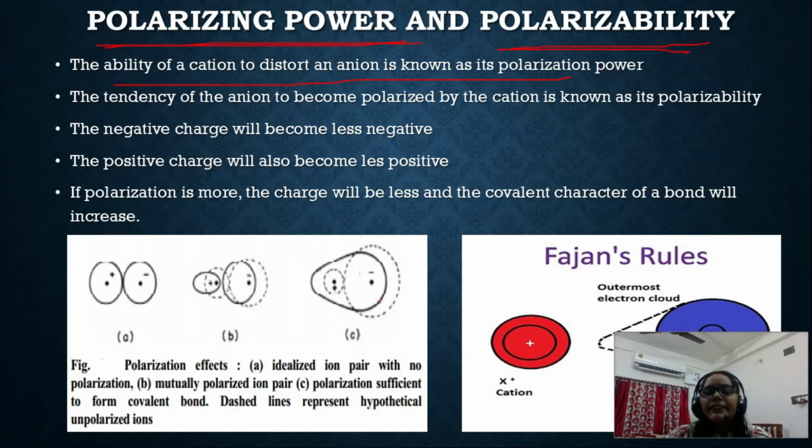So polarizability means how much it will allow its electrons to distort towards the positive ion.